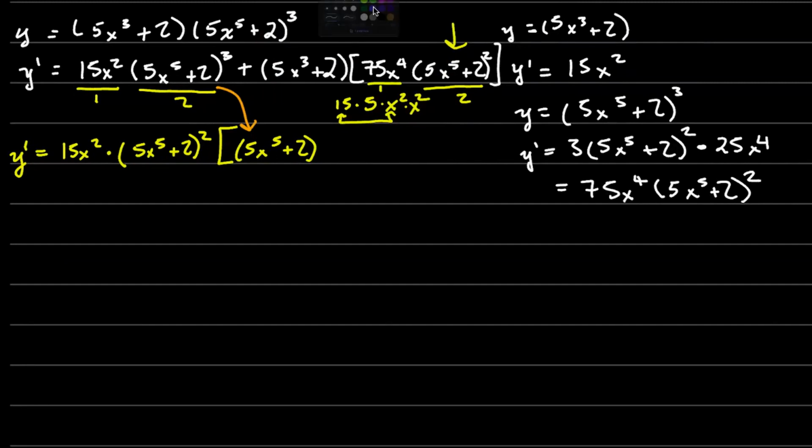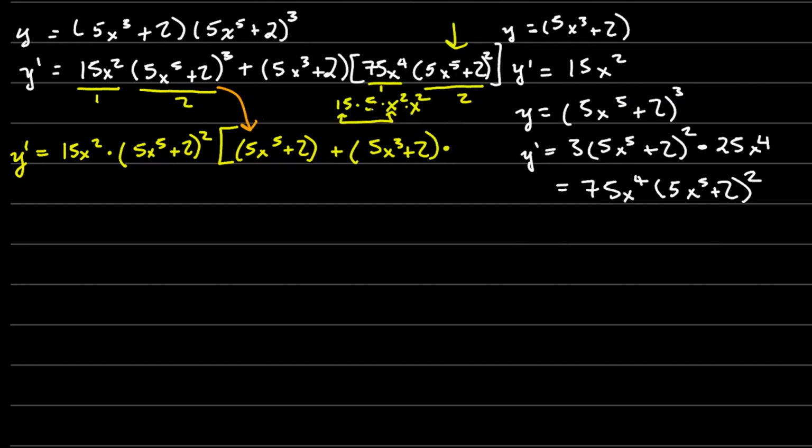And then the rest of it is just going to be plus 5x cubed plus 2. And then that's it, right? Yeah, because you factored this out. Oh, wait, and then times, we still have, we factored 15x squared out, so we still have this left.